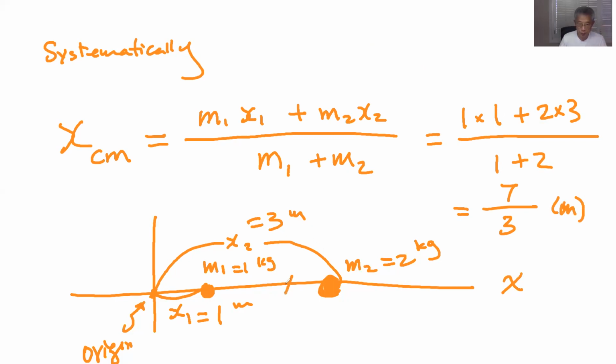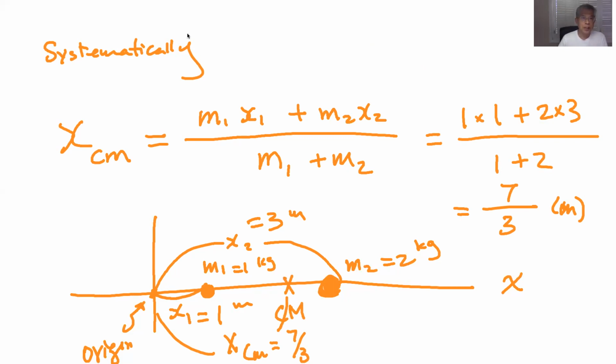So 7 divided by 3 is somewhere here. This is your center of mass, and this distance here will be xcm, which is equal to 7 divided by 3. From here to here, that's your center of mass. So that's how you use the equation.